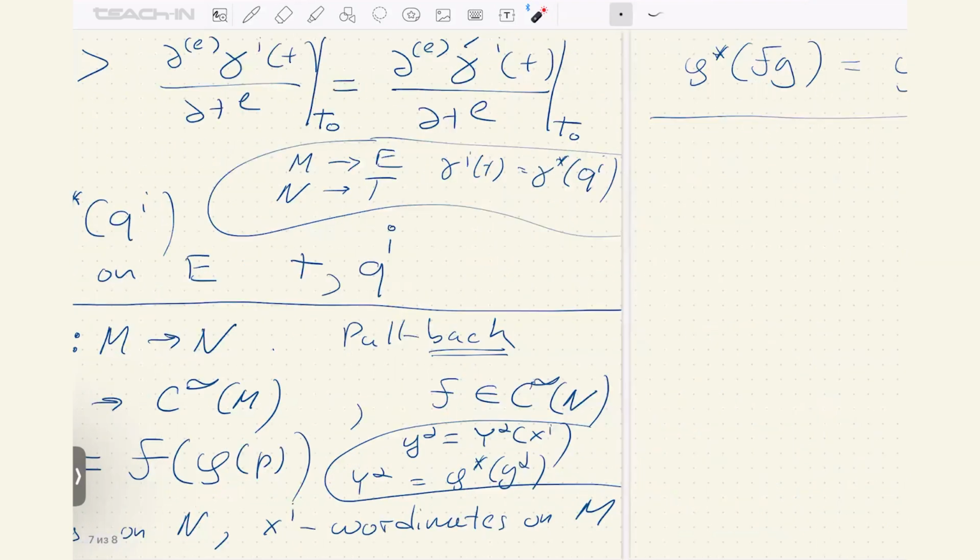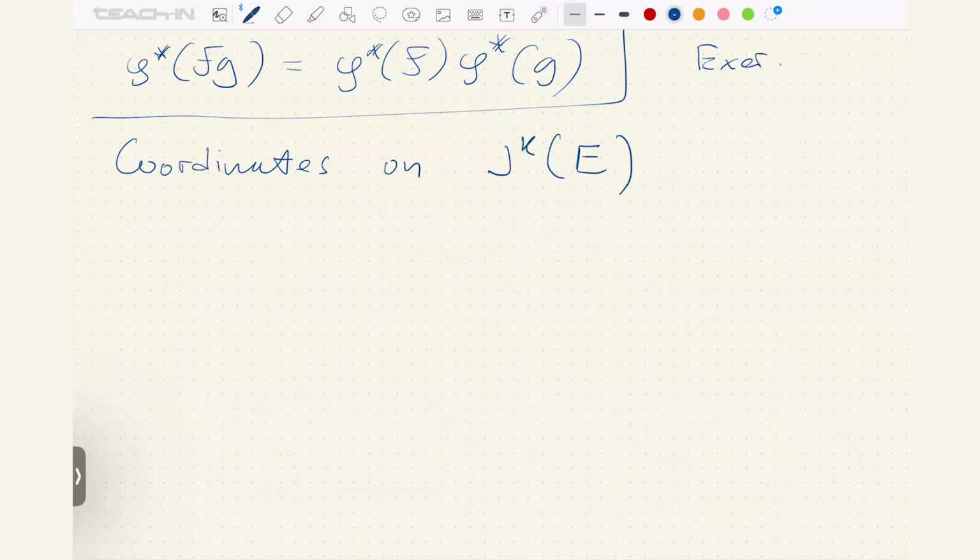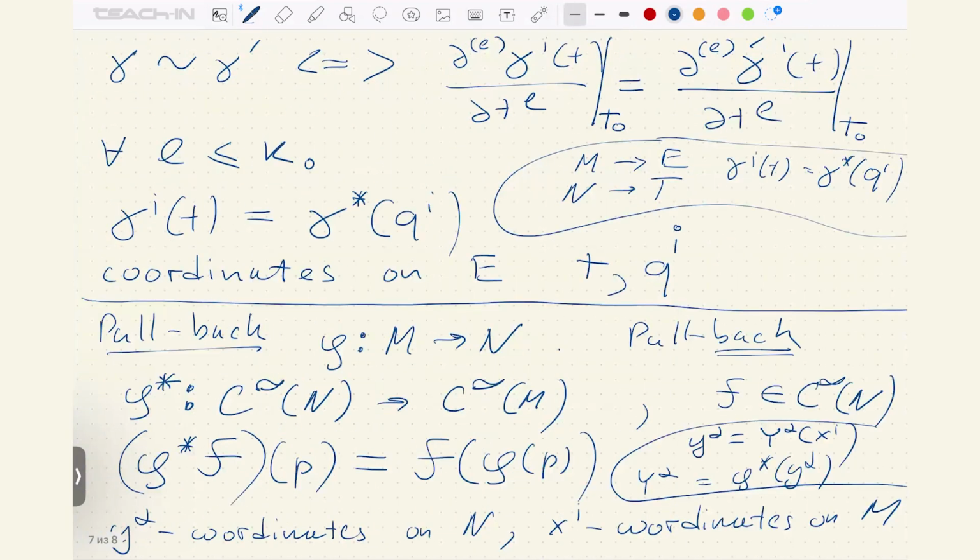So what are the coordinates on J^k of our E? Of course, we have our base space coordinates, and then we need something to parameterize values of these derivatives, right? Because each equivalence class means that all these derivatives up to order k coincide. So we can just take values of these derivatives as coordinates on the fiber.